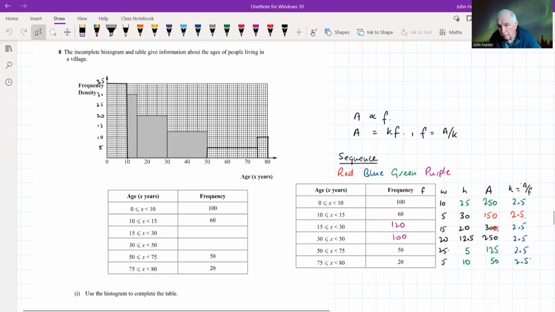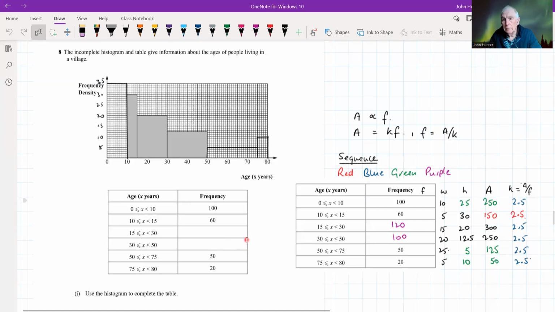That's the area, that's the constant. That's going to give us 120, and then 100 here. So we've basically completed the whole thing. And then we can draw the bars on here because we know the heights for each of these class widths, and we can complete the frequency for those that we don't know.